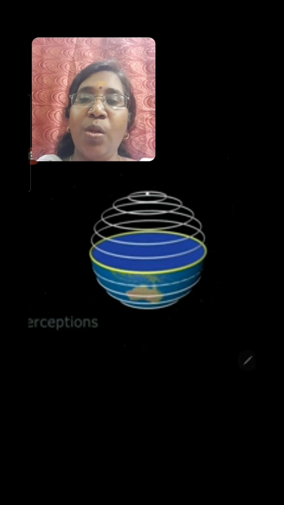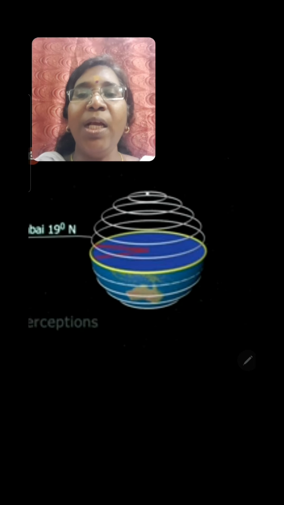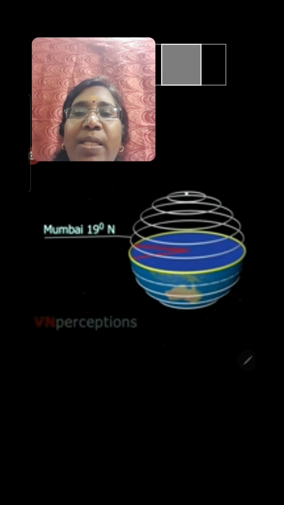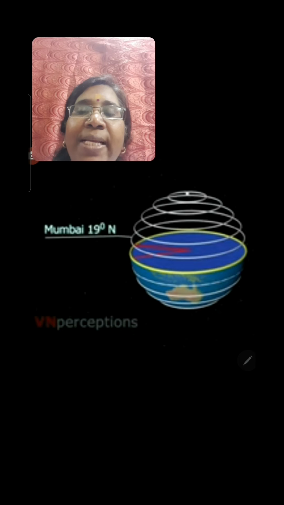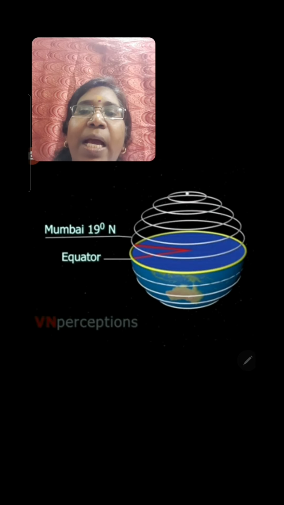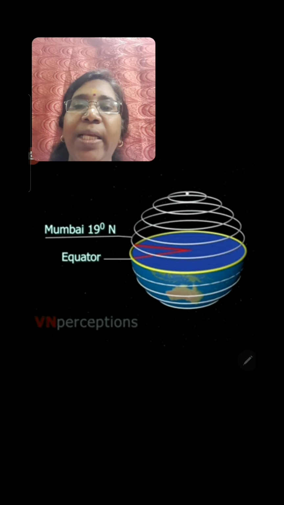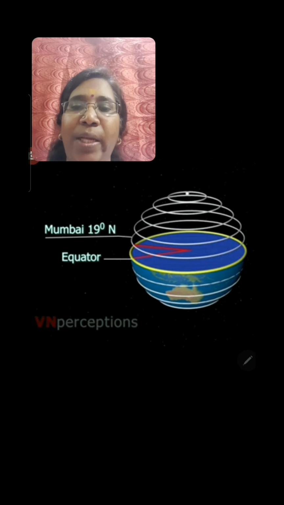So, what is latitude? Latitude is the angular distance north or south of the equator. That means Mumbai is at 19 degrees north latitude, which means it makes an angle of 19 degrees from the equator.